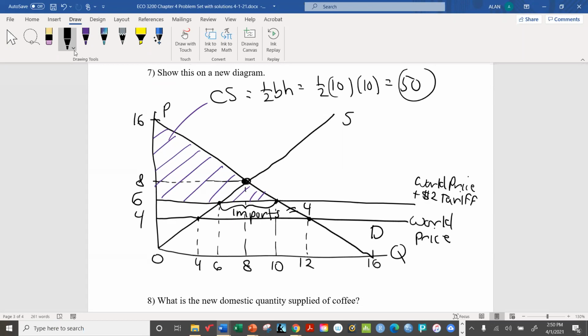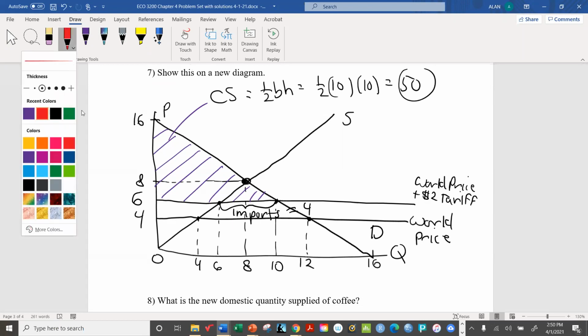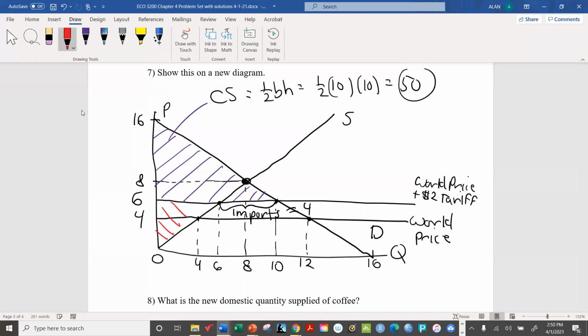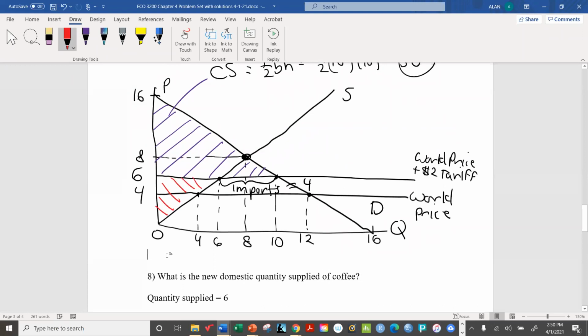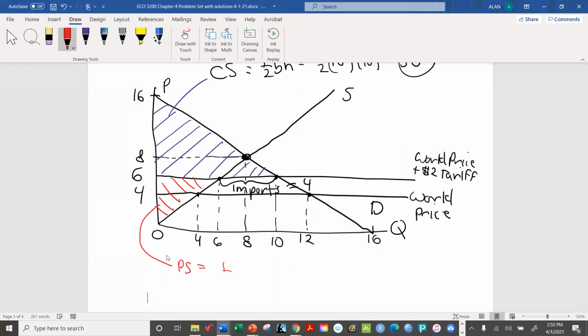Whereas for the producers, they're happy now. Okay, because you can see that this obviously is much bigger. The base for them is now 6. The height is 6.